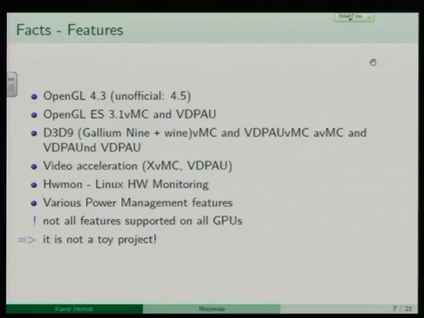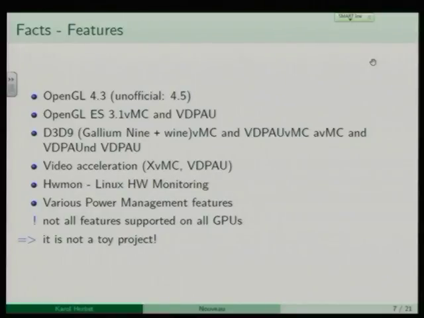Does anybody not know what OpenGL is? Looks good. Okay. But if you know what OpenGL is used for, it's fine by me. So we officially support OpenGL up to 4.3.